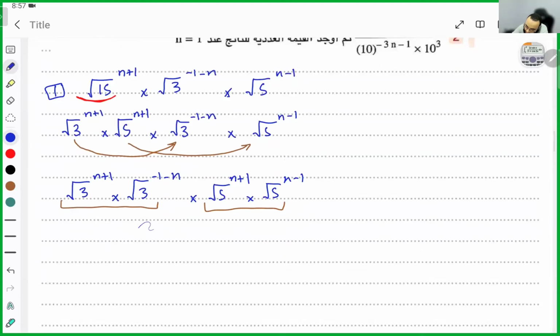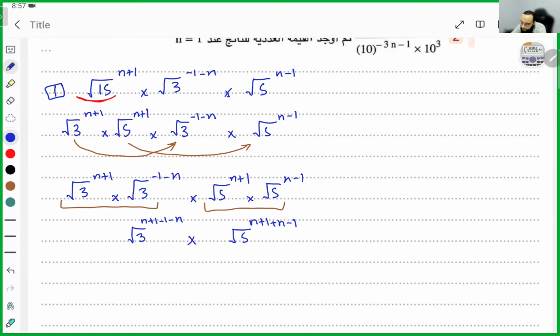Only one root, and add the powers: n plus 1 and then negative 1 minus n. And here it's only root 5, n plus 1 and then plus n minus 1. Take care. If it is an addition question, it doesn't matter, there is no problem. But it's very important to be focused while you are subtracting in the division question.